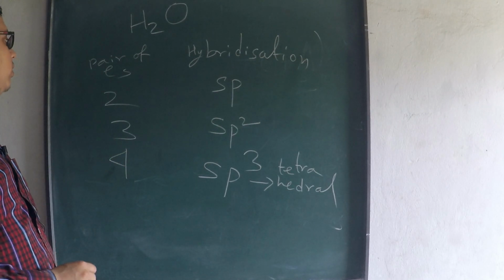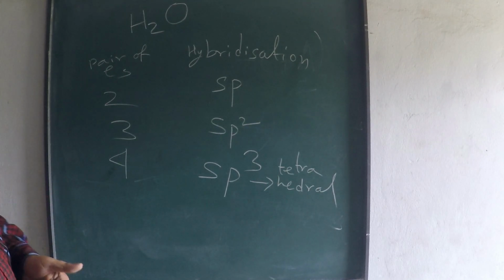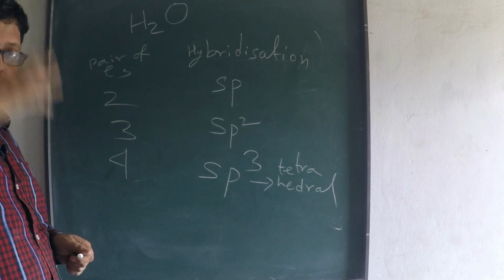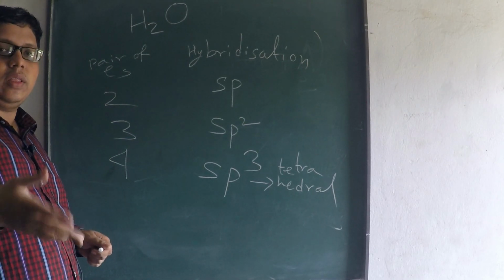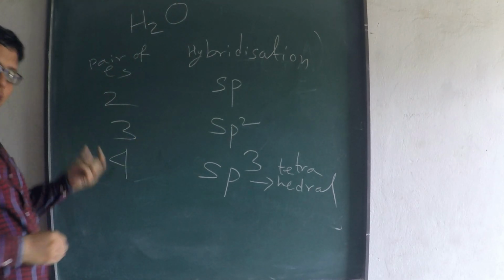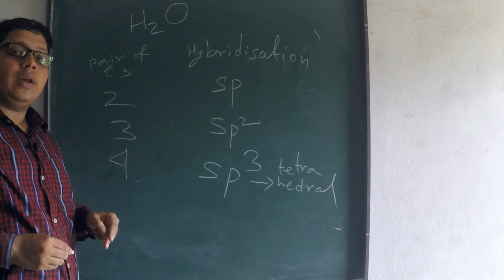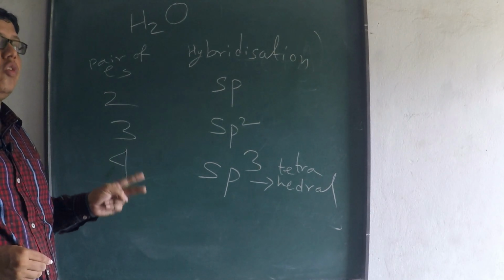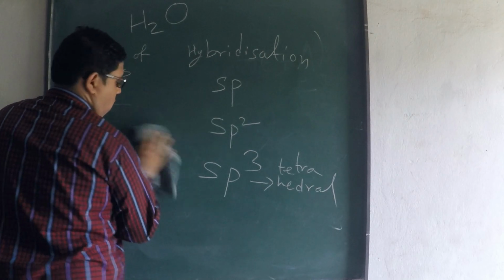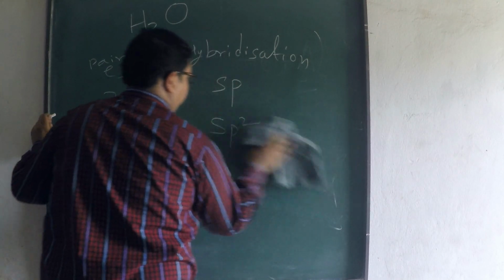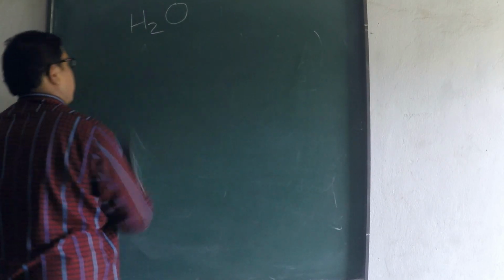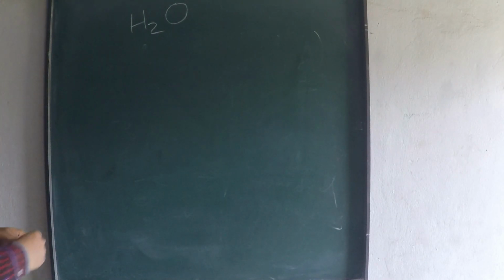However, the shape will be a little bit different, because out of these four electron pairs, all of them are not bond pairs, right? The valence electron pairs surrounding oxygen, there are 4 of them, but 2 of them are bond pairs and 2 of them are lone pairs. Now how do I know that? Obviously I know the Lewis structure.